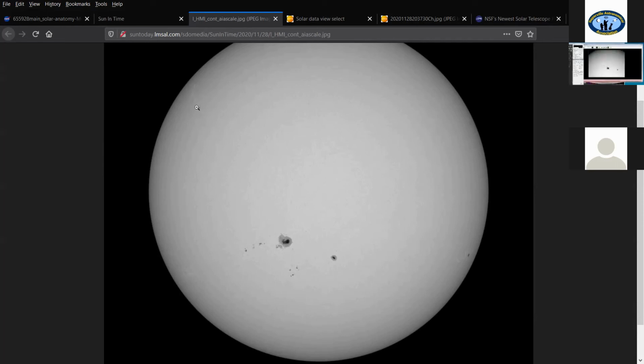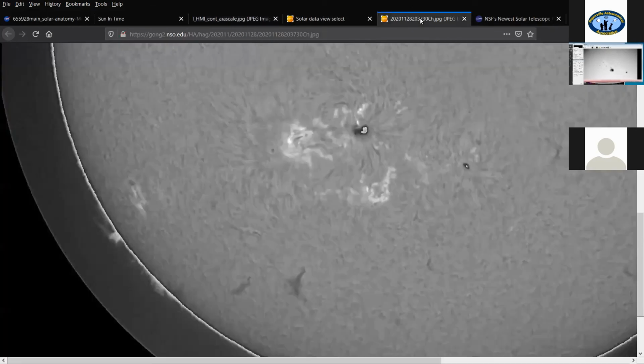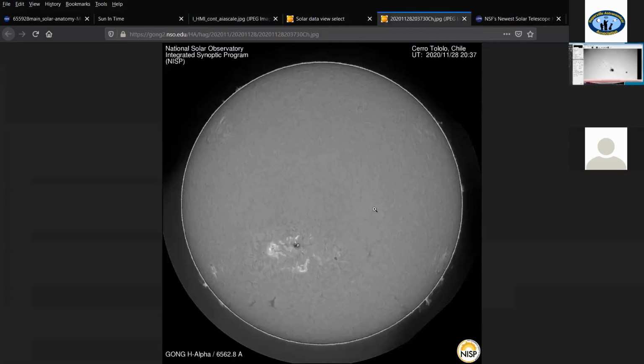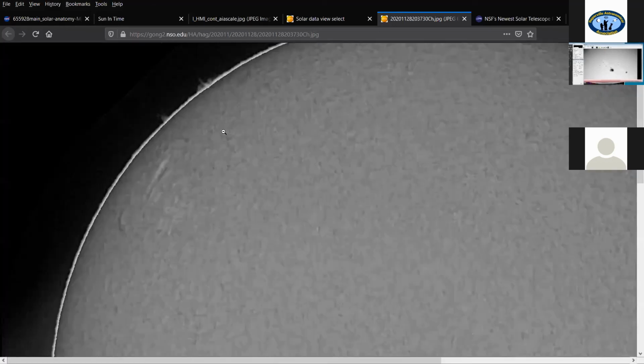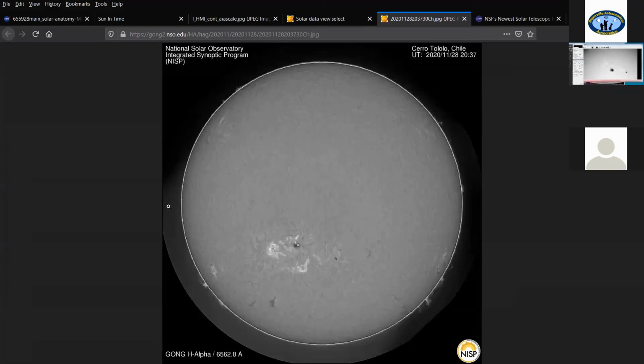This is the group I was saying was up at 10 o'clock. There is one little black dot there, and then those faculae that we saw there. If we go to the hydrogen alpha current image, again, there are those same active areas. You saw the faculae better probably in the calcium view and the very deep violet view, because that shows them up the best.